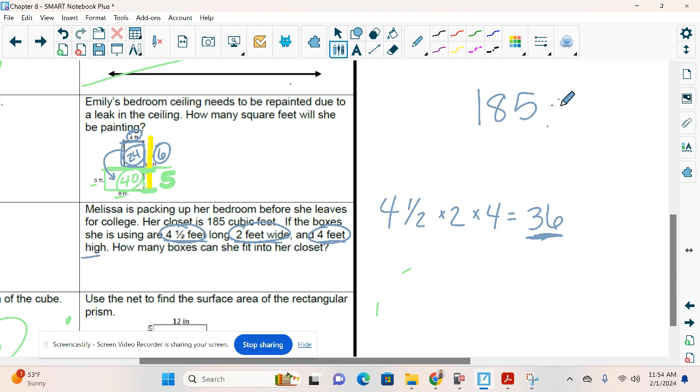So we're going to have to do 185 divided by 36, which gives me 5.1388, and on and on. We can't have part of a box. So the max amount of boxes that are completely going to fit is 5.